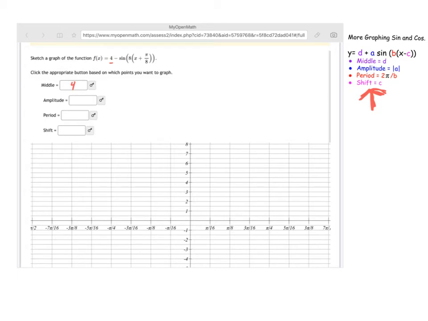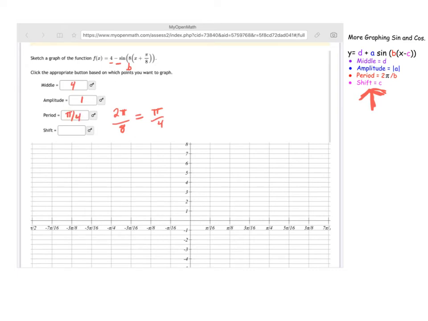My amplitude is just the number A, which is in front of the sine or cosine. It doesn't matter whether it's positive or negative, because amplitude is an absolute value, so my amplitude is going to be 1. Then if I want to find my period, I take 2 pi and divide it by B, and that gives me my period. In this case, it would be pi over 4.